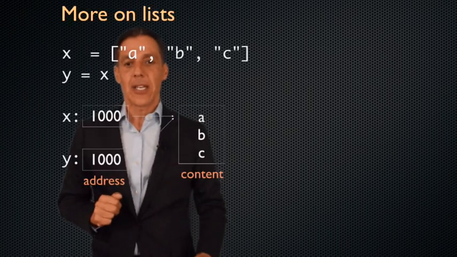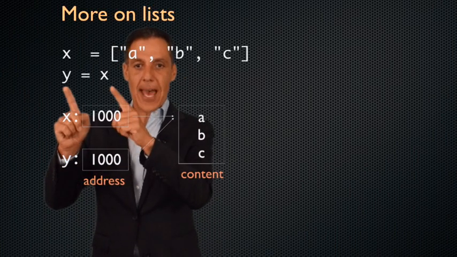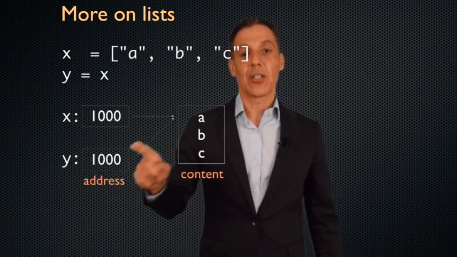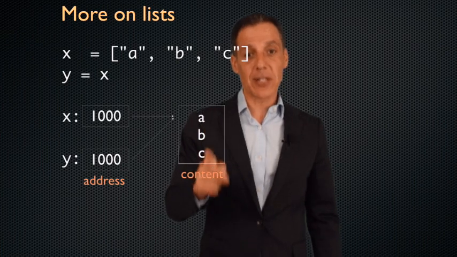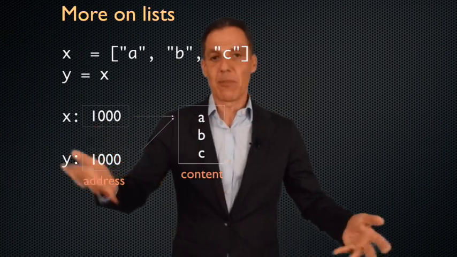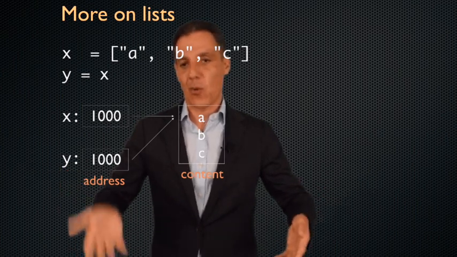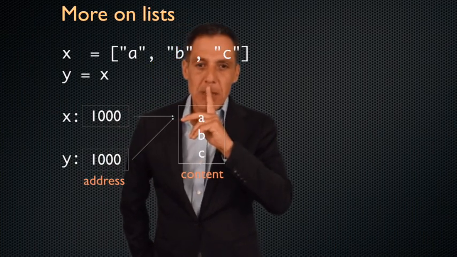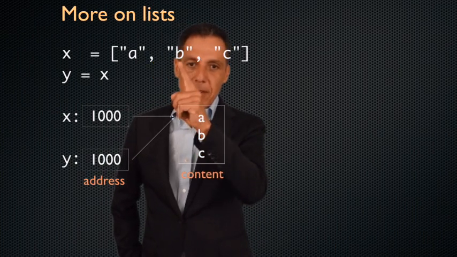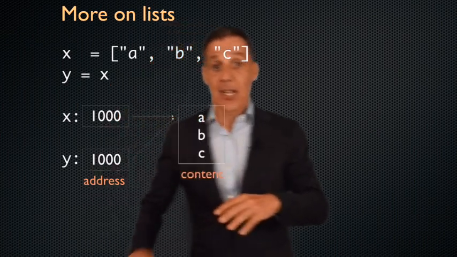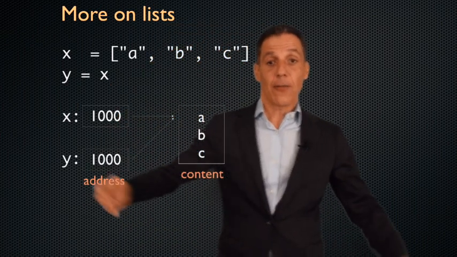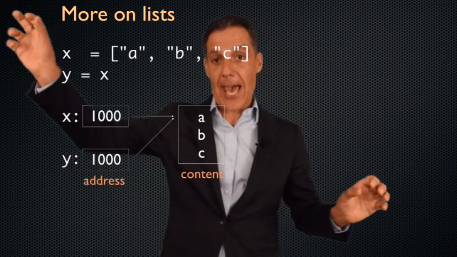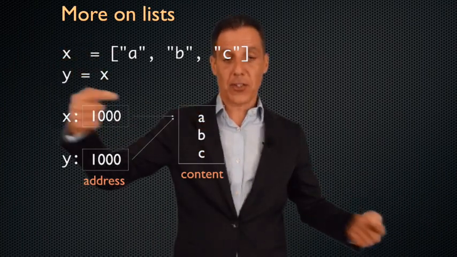And what that means is that when I say y is equal to x right here, y is actually being assigned the address associated with the same list associated with x. This number, by the way, is just some number. It's just a representation of memory. So don't worry about what the number is. It's arbitrary. Think of it as sort of an address. So look at what happened after I defined x to be ABC and I defined y to be x. There's only one list in memory. Now, if these were numbers and I said x is equal to 5 and y is equal to 5, there'd be two spaces in memory, x, 5, y, 5, no crosstalk between them.